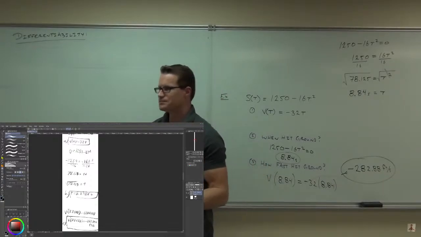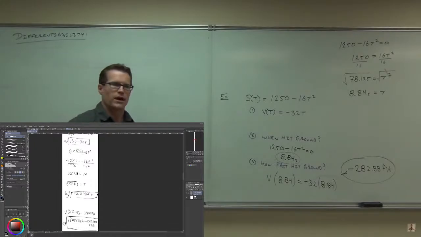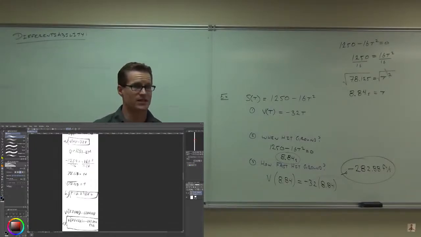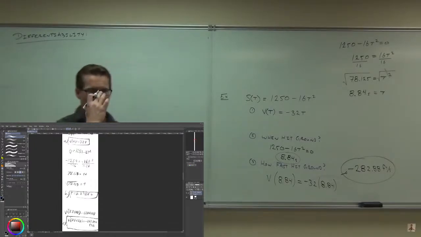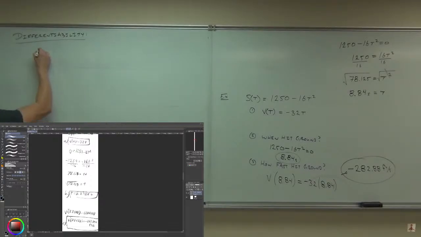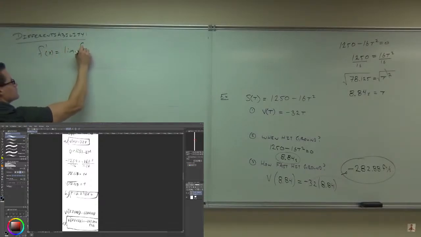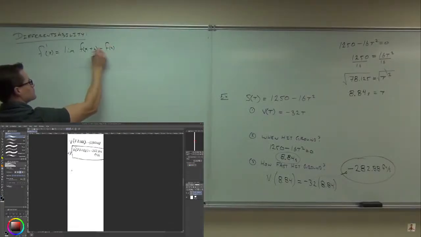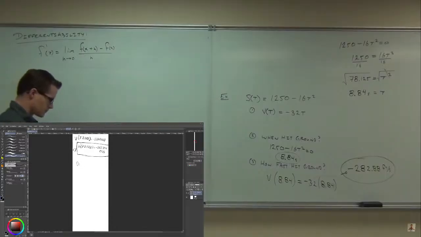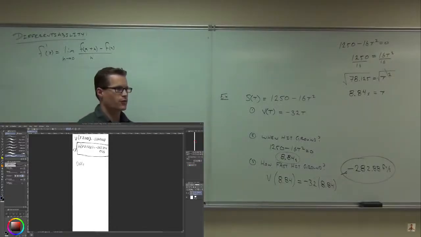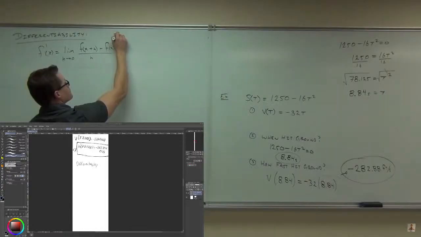Now here's the idea. In order for a derivative to exist, which means it's differentiable at a point, this has to work. In order for a derivative to exist at a point, this must exist.